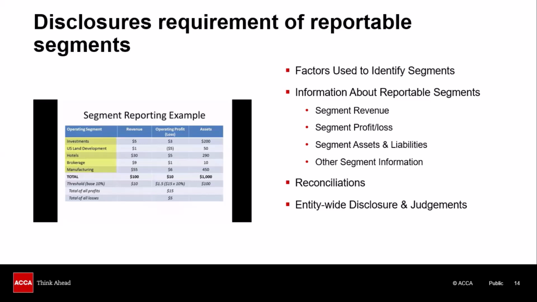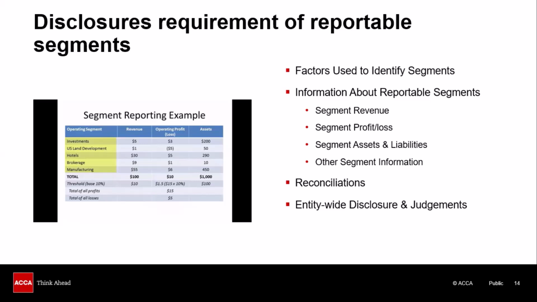And as a summary of our session today, we talked about the importance of segment reporting, importance of segment information. We talked about enhanced transparency, improved decision making, among others. And we talked about what an operating segment is. We looked at the three things that we need to consider. It's a component of an entity that may earn revenue and incur expenses.